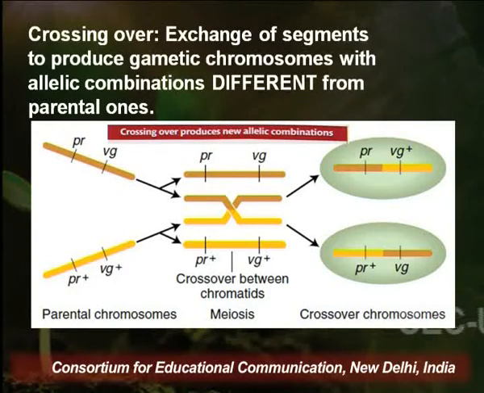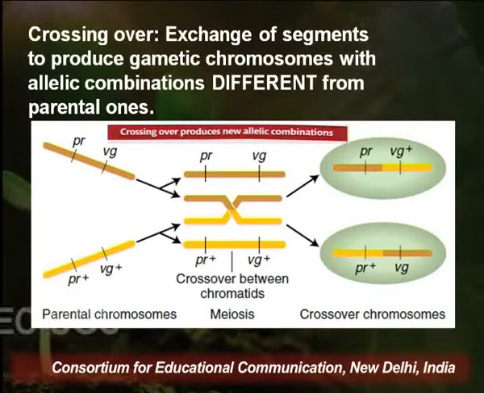And now the chromosomes would change their identity genetically, because now PR would go with VG plus and VG would go with PR plus. So, the new crossover chromosomes which would be formed would now be different from either of its parents.